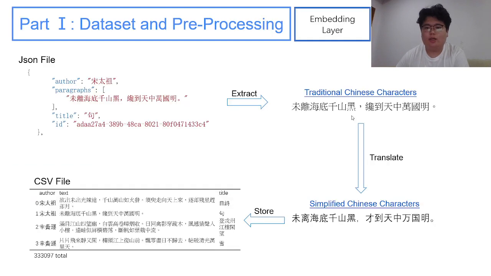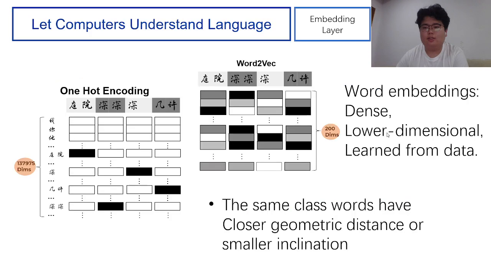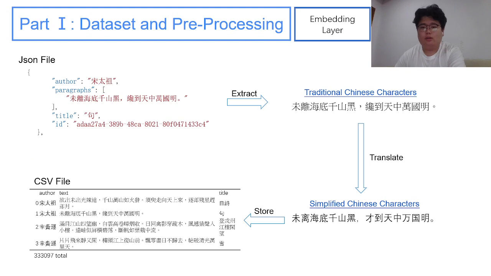Next, we need to consider how to encode those words. We found two algorithms, one-hot encoding and the other Word2Vec. We chose Word2Vec because it has few dimensions and can represent connections between words. In order to train Word2Vec, we need a large dataset with a very large number of poems that would allow the algorithm to get a link to each word.